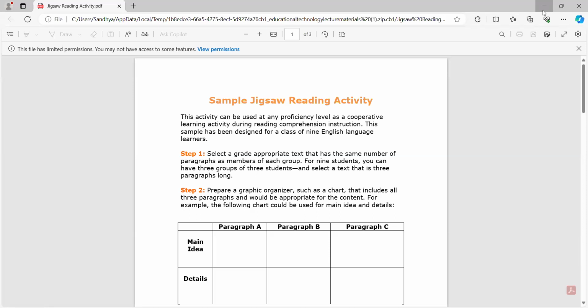You can use it easily with listening as well, you know. Jigsaw as a technique. I'm sharing the PowerPoint now. It's actually a jigsaw method. Okay, it's taken as a method.